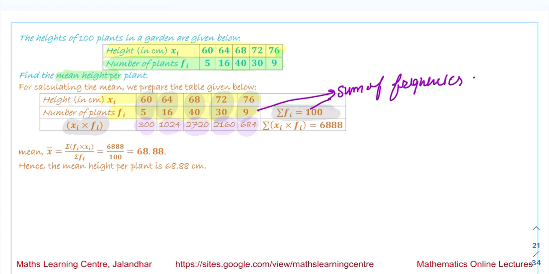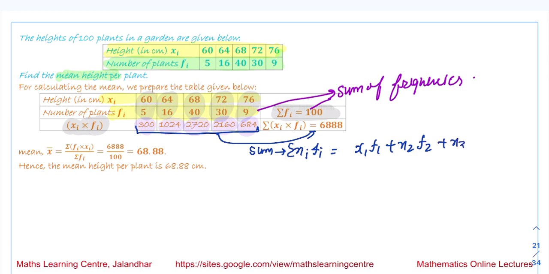Next step we have to sum all these values. So sigma xi fi means we are talking about x1 f1 plus x2 f2 plus x3 f3 like this plus xn fn.